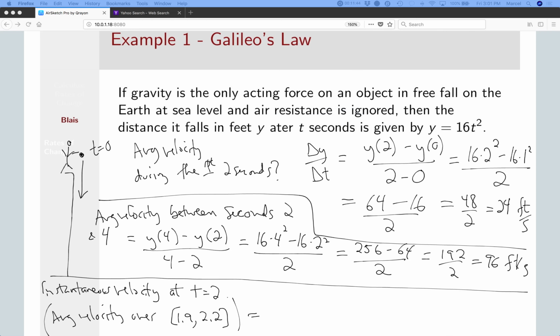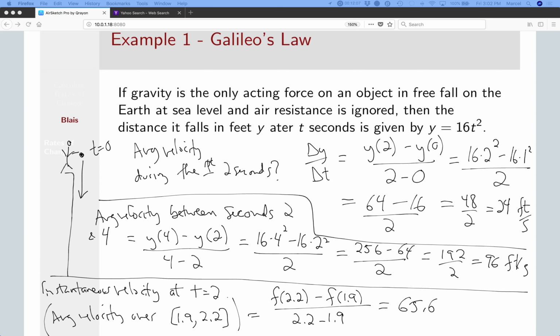And in this case, we have f of 2.2 minus f of 1.9 over the difference, 2.2 minus 1.9. And if you work this out, this is going to be 65.6.